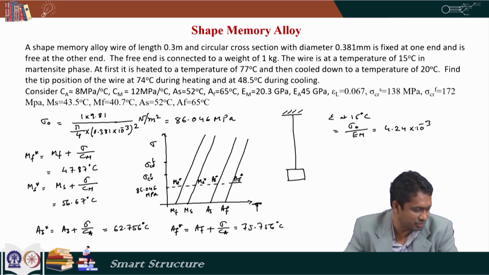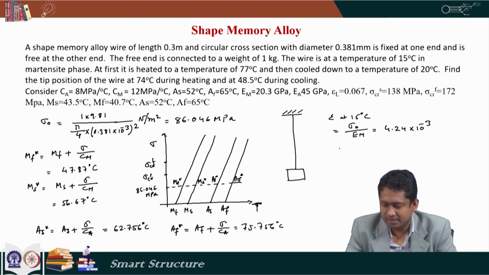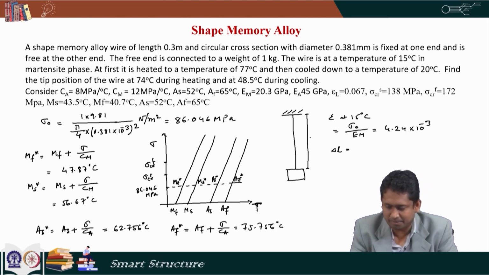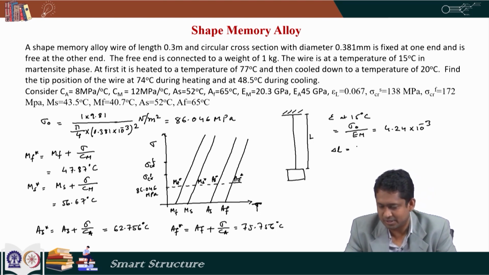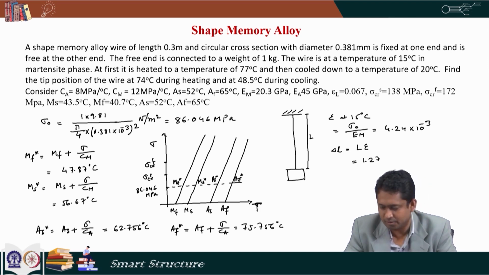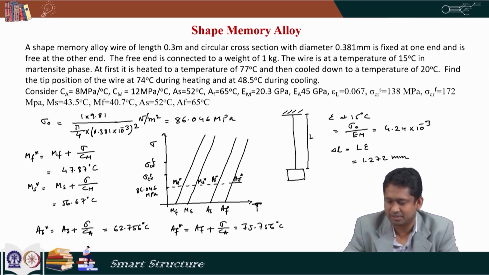And then if I want to find out the deflection at this strain, it is the original length multiplied by strain. The original length is given to us, and it is 0.3 meter. So, let us say this length we call L. So, it is L into epsilon. So, the delta L is 1.272 millimeter.